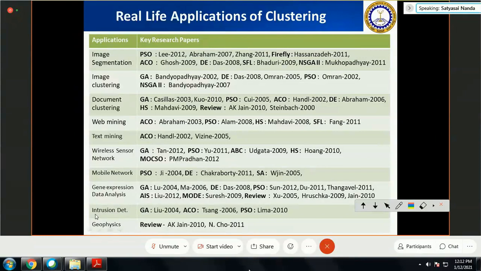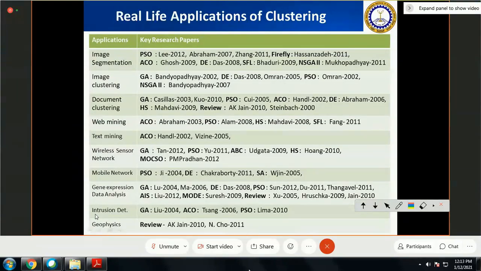There are several of these nature-inspired algorithms like GA and PSO based algorithms. They all have been applied over these to solve the particular task of clustering. So you can also develop these real life applications.